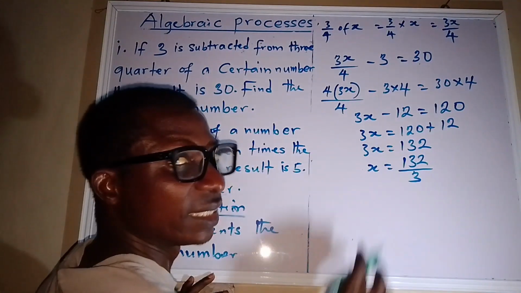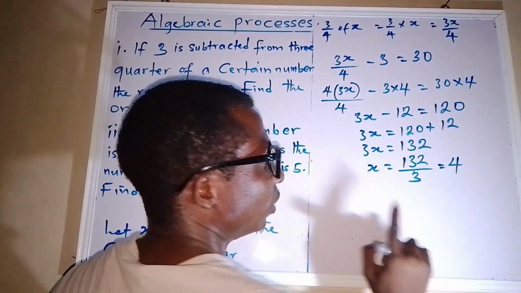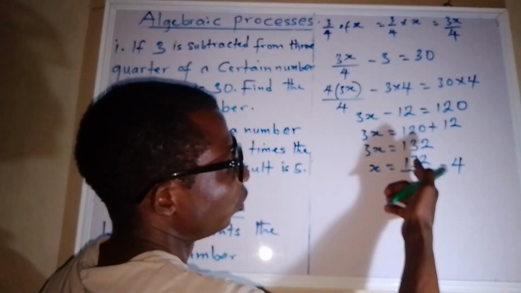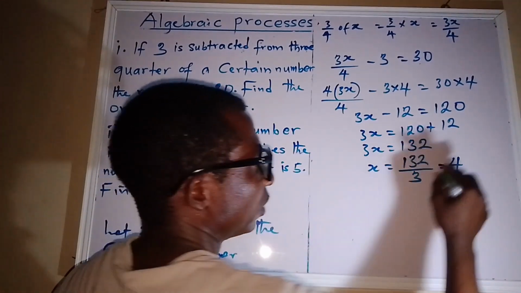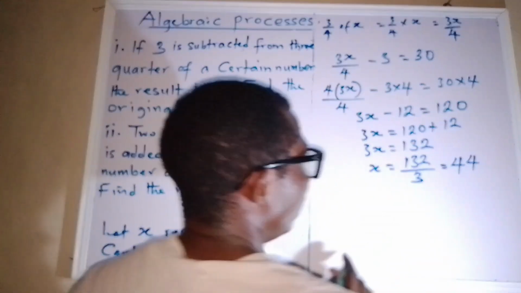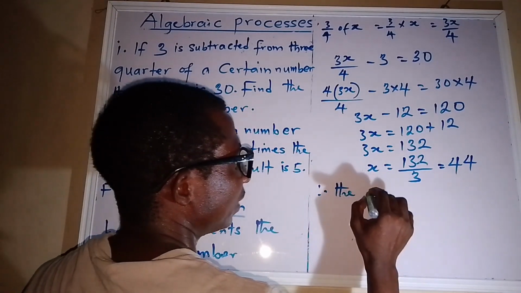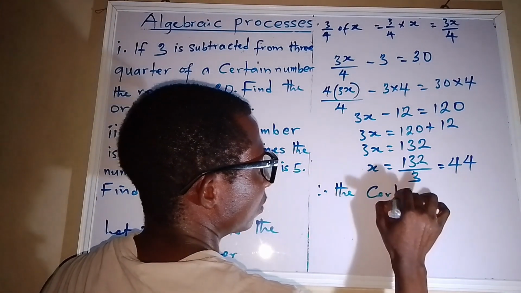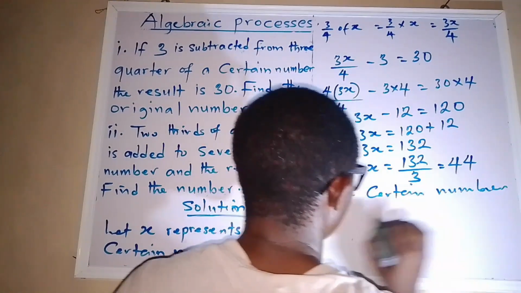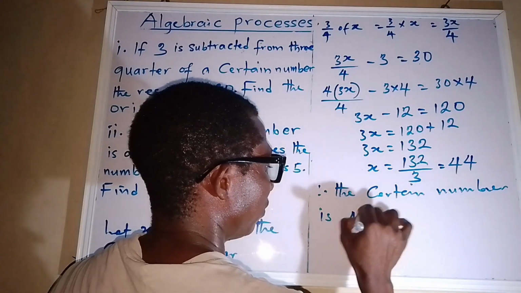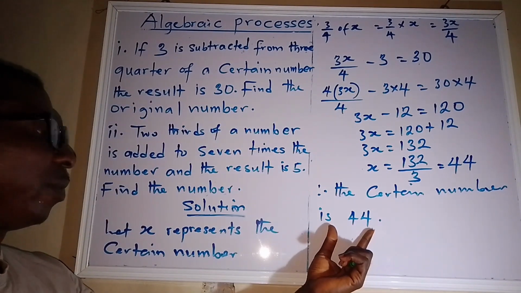Now 3 goes in 13, that is 4. It remains 1. So you put down 1 in front of this 2. 3 goes in 12, that's 4. So therefore the certain number is 44. Okay, so this is the certain number.